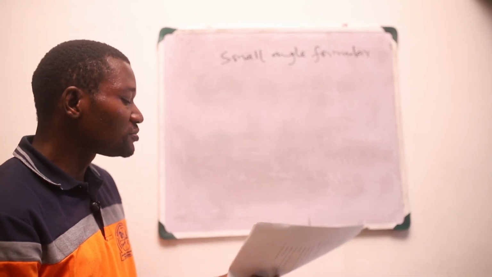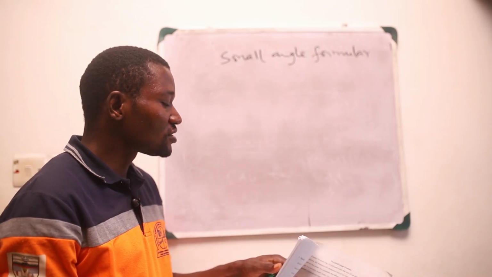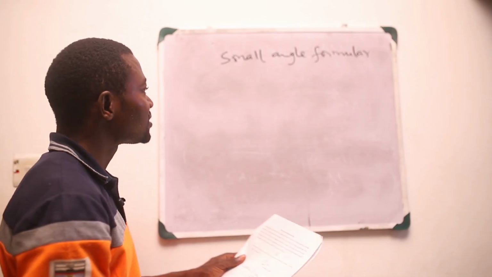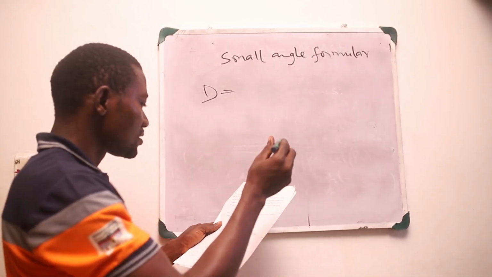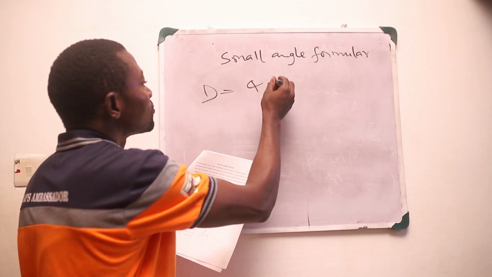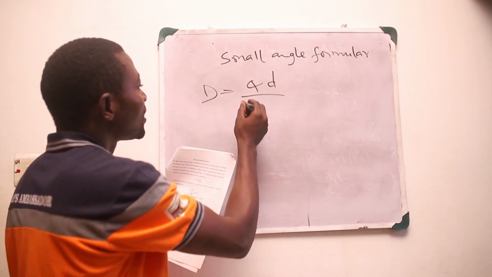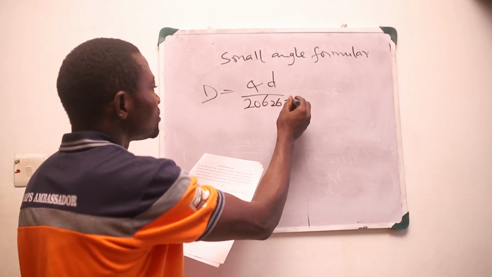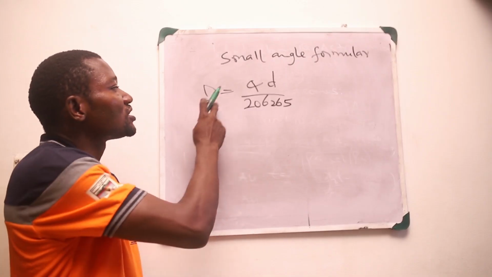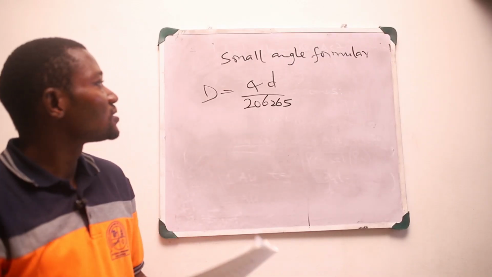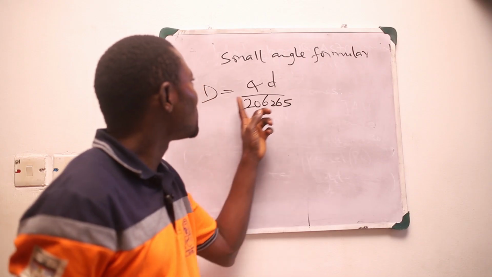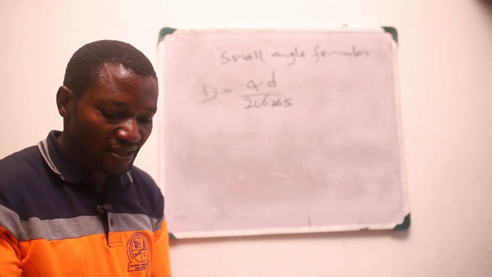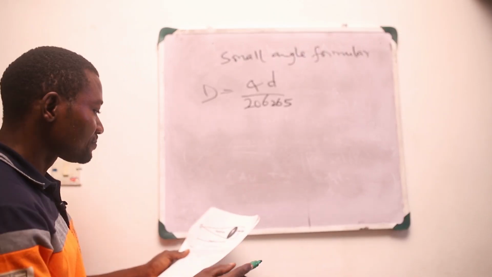It is given mathematically as d equal to the angle over 206,265. We use this expression to find the diameter. So we call this the small angle formula. Let me explain using a diagram.